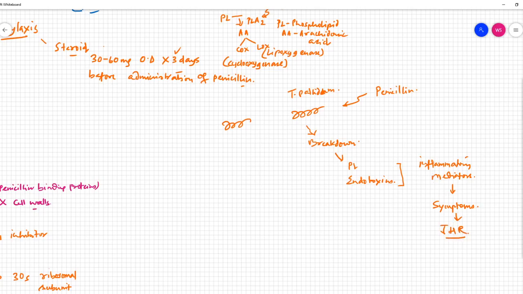But recent evidence has shown that it might be a delayed hypersensitivity reaction, meaning it might be a reaction caused by antibodies against Treponema pallidum. So either way, there are two explanations. Number one is that it is due to the breakdown products of Treponema pallidum.